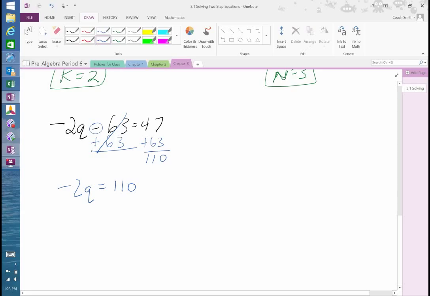So now I have negative 2q equals 110. So we have to divide both sides by negative 2. Over here it cancels, leaving me with q is equal to negative 55.